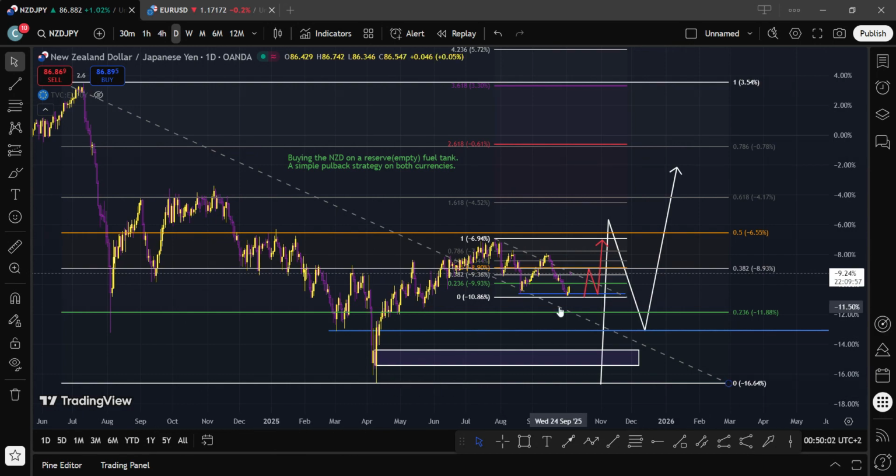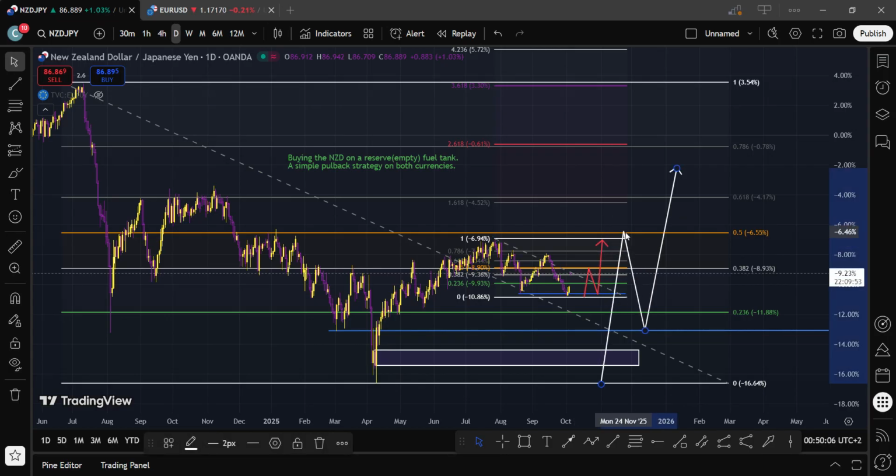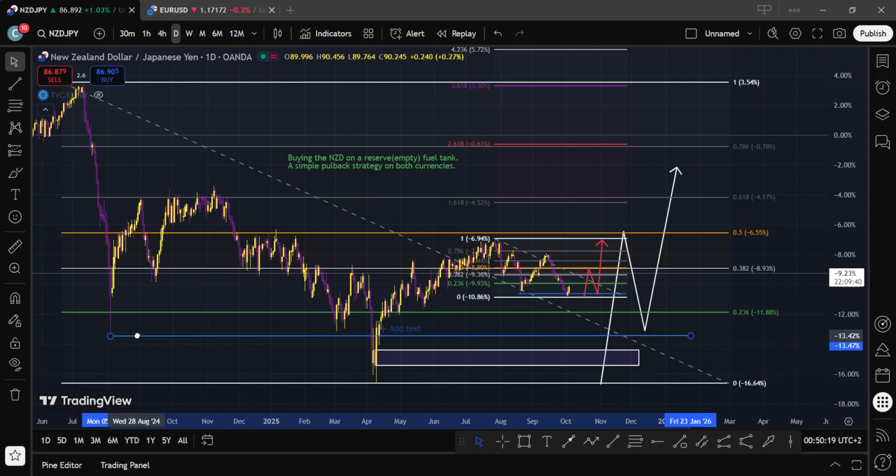So how I trade price action, I use what we call Wyckoff schematics. And when you see the market breaking the previous low before it takes off, we call it the spring.